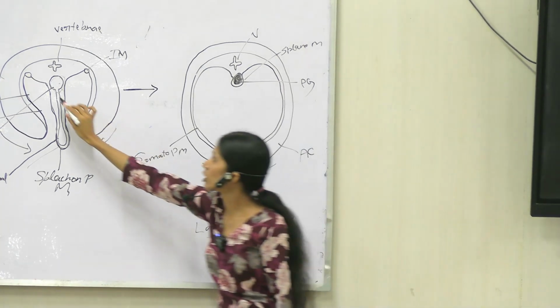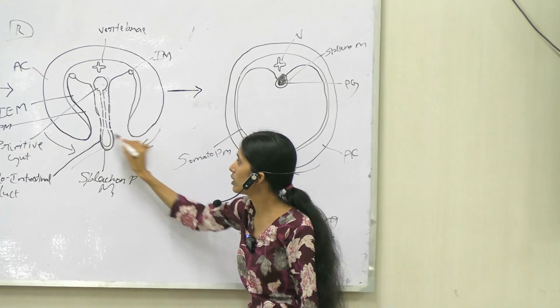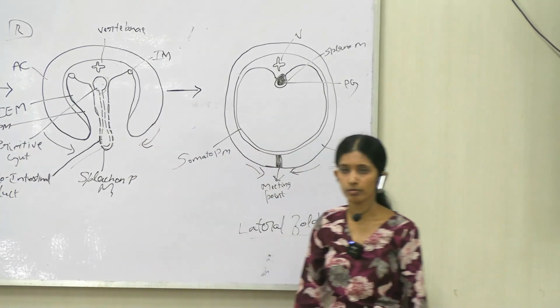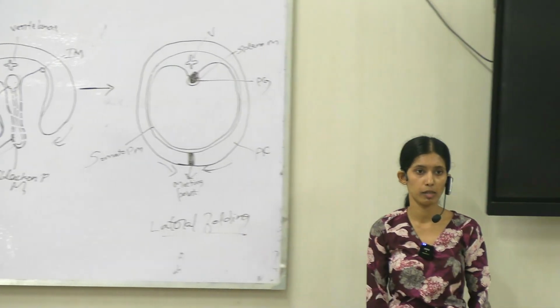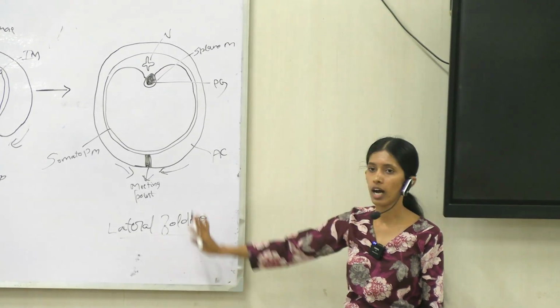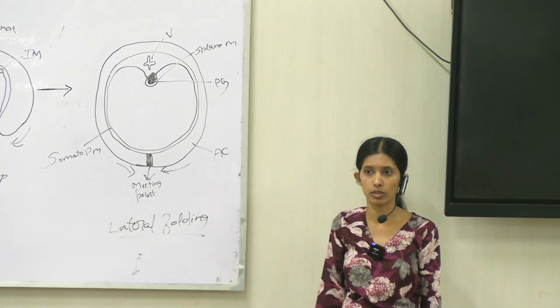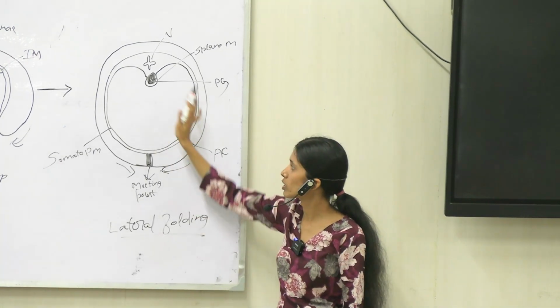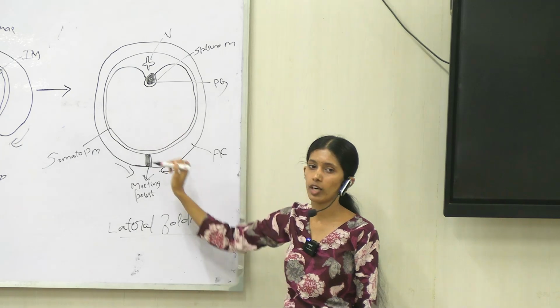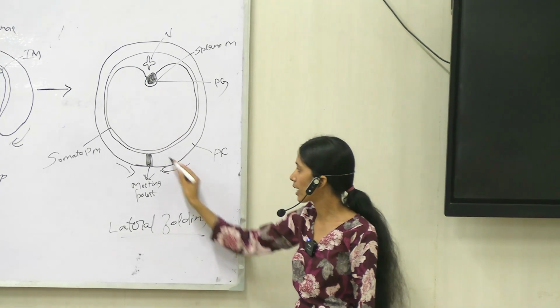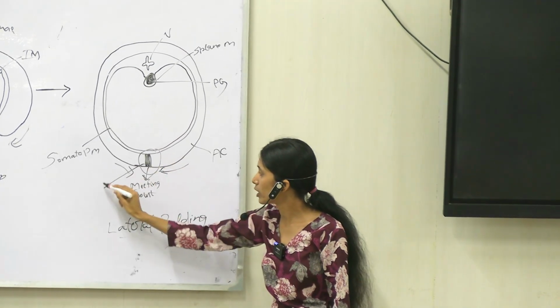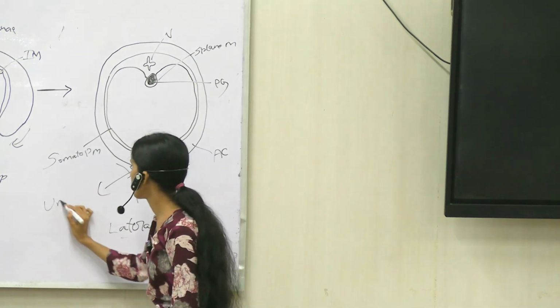Eventually the remnant of your yolk sac will disappear during the process of development. So this is how your embryo will look after the lateral folding. Now your entire embryo is free to float inside your amniotic cavity, and this part will develop into your umbilicus.